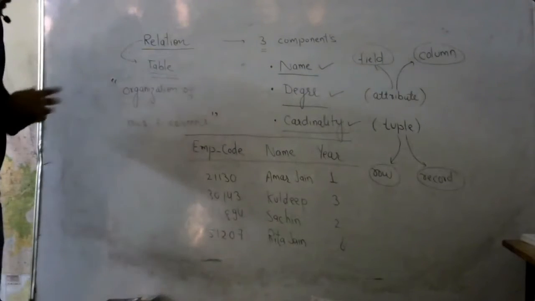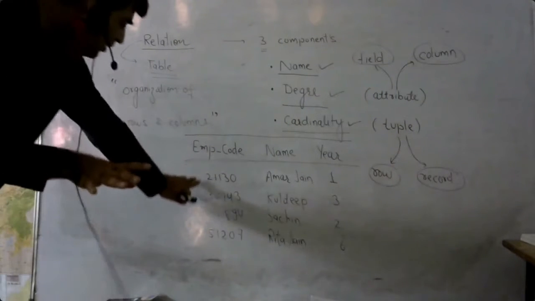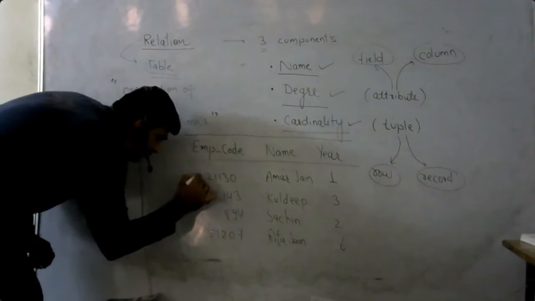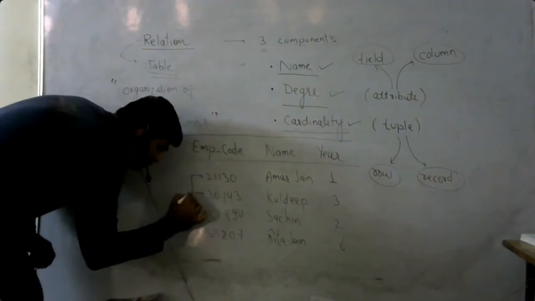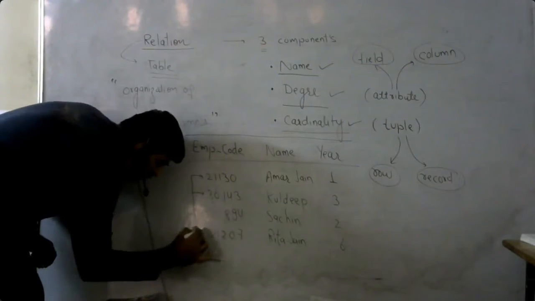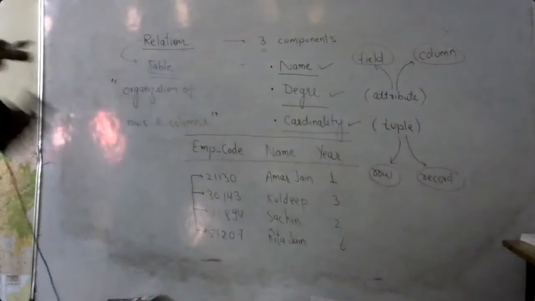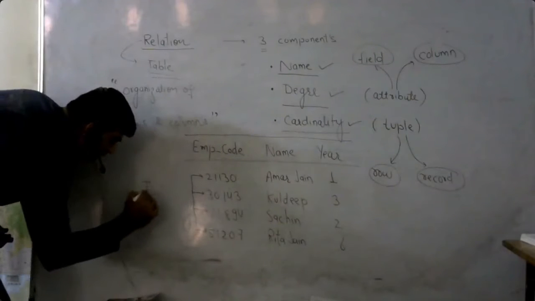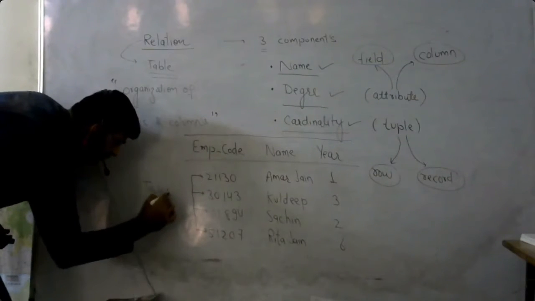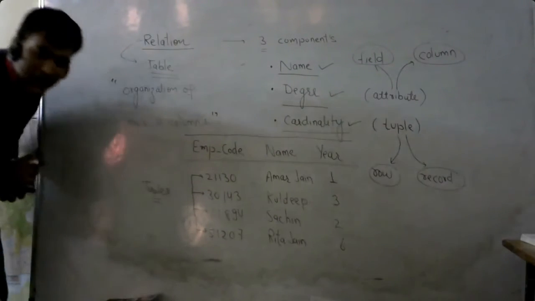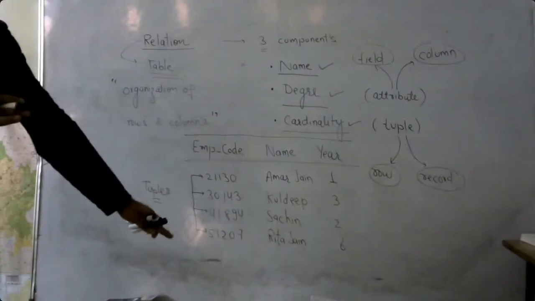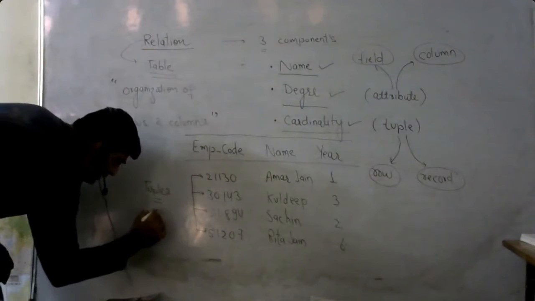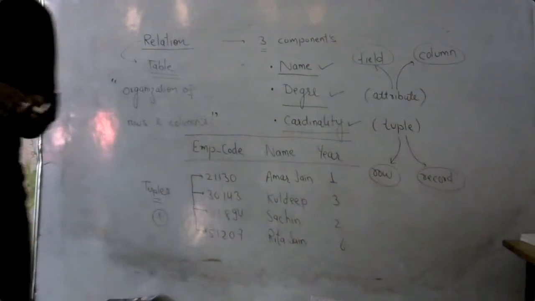So you can see here clearly that we have 4 tuples. There are 4 tuples in this table. If someone asks you how many tuples you can see in this relation or table, 4.